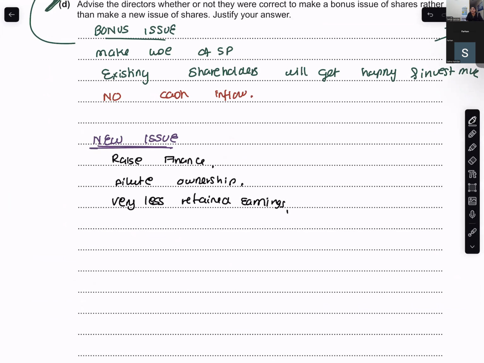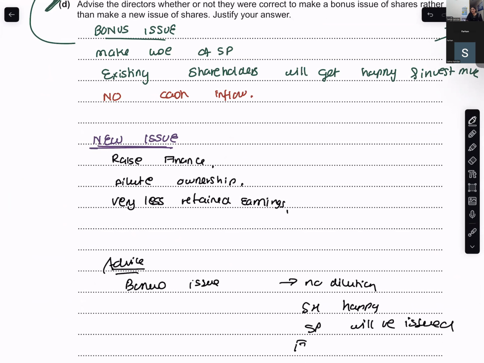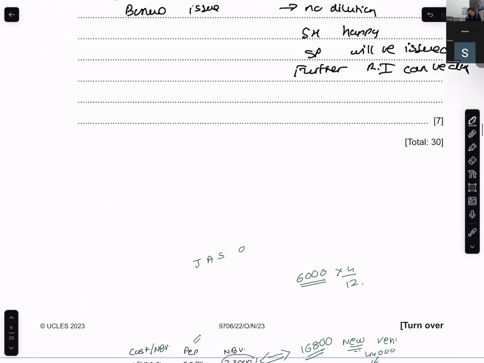My advice is it's correct to do the bonus issue, because there is no dilution of ownership, shareholders are happy, securities premium will be used, and then a further rights issue can be done. So it is good to have the bonus issue.